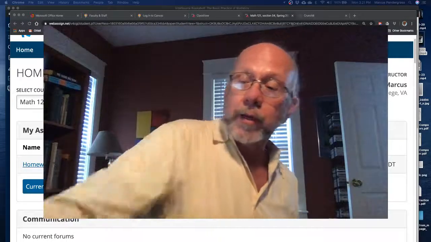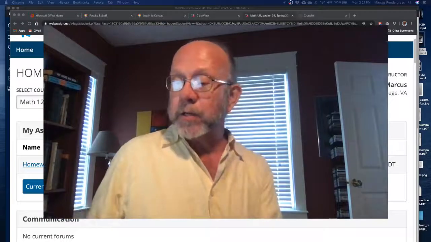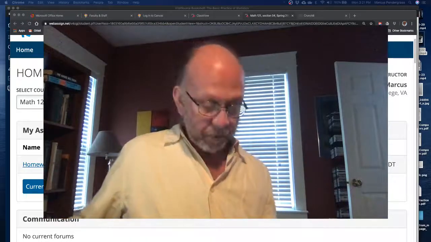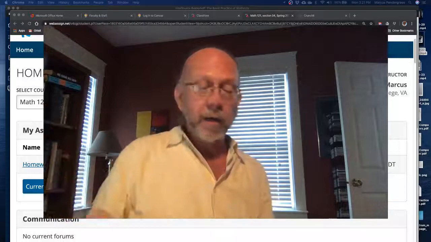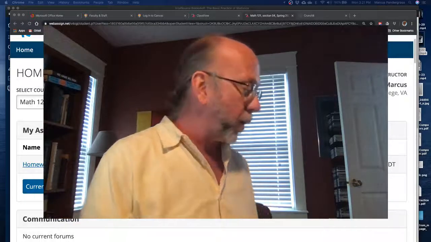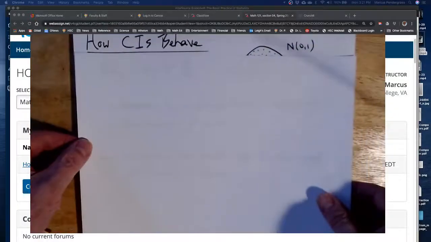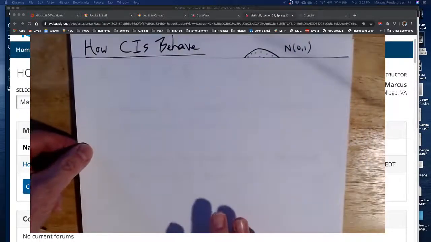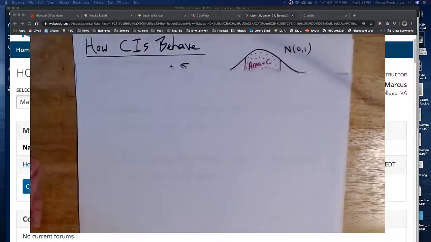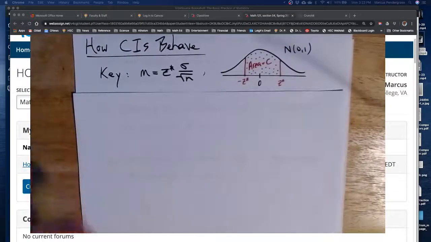I wanted to end real quickly by talking about a couple of properties of the confidence interval, and what it tells us. So let's think about for a minute how confidence intervals behave. The key to that is, again, thinking about the margin of error.